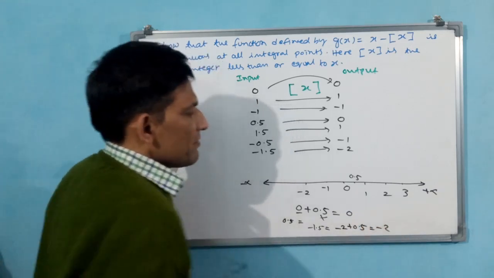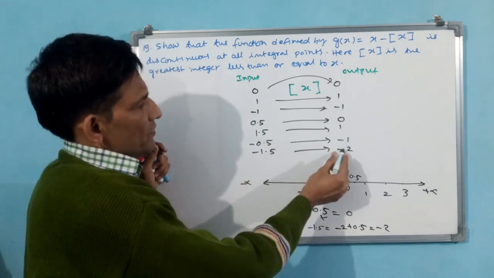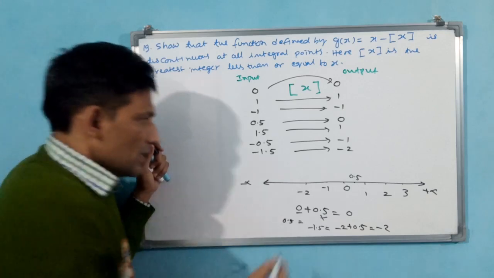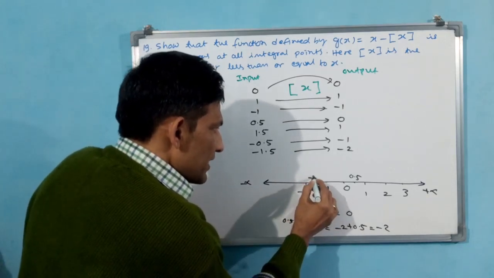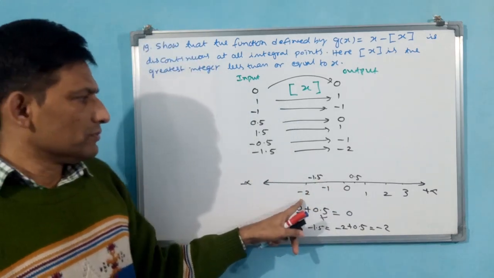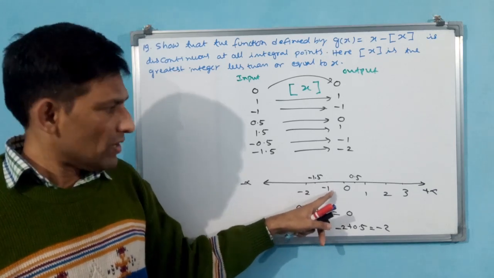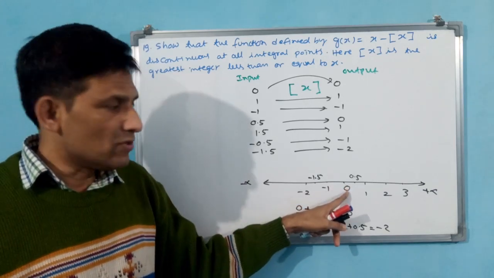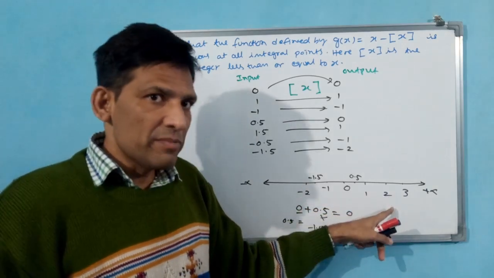Then minus 2 it will give out. You see, minus 1.5 means it will be here, and the least integer is minus 2. Once it crosses minus 1, the least will be minus 1. Once it crosses 0, the least will be 0. Once it crosses 1, the least will be 1. Once it crosses 2, the least will be 2.